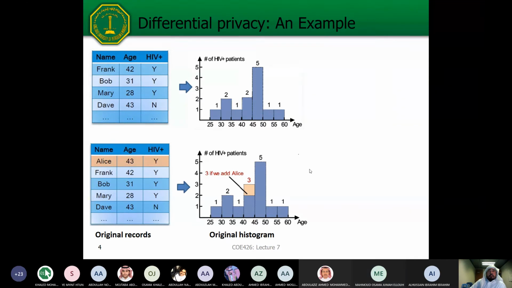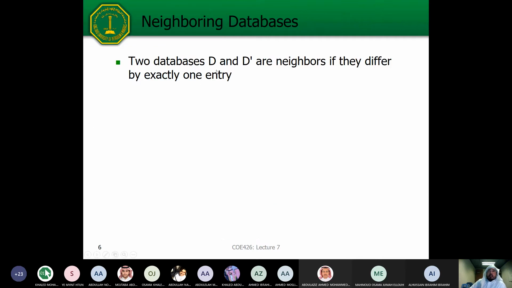Yes. Now, in order to have a formal definition, there is some terminology I would like to start with, and then we will talk about the formal definition. The first thing is what is called neighboring databases. So what do we mean by neighboring databases? We have two databases, D and D prime.